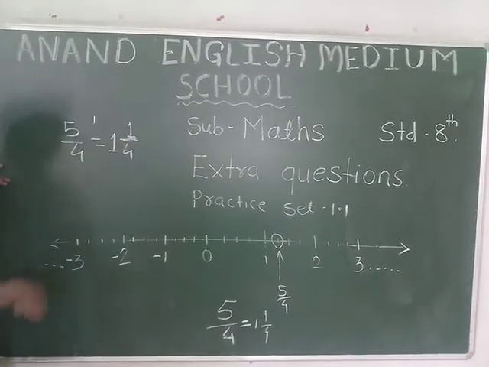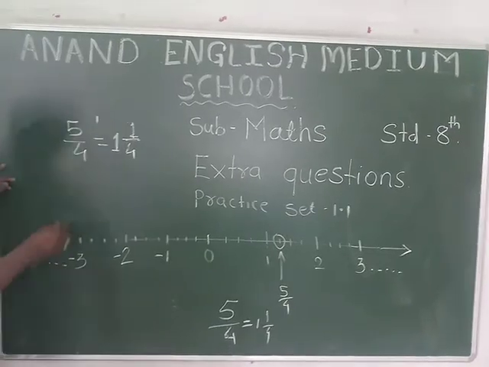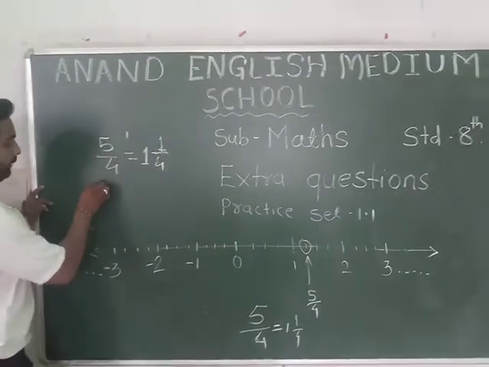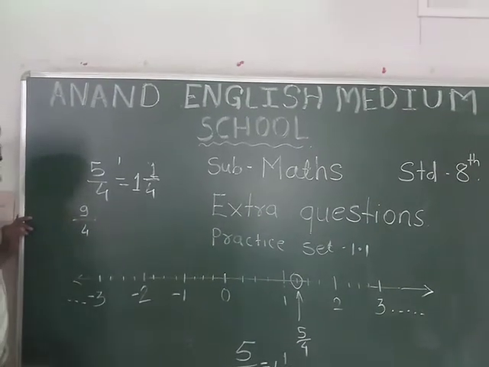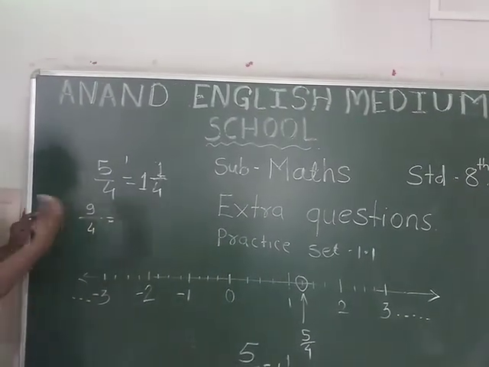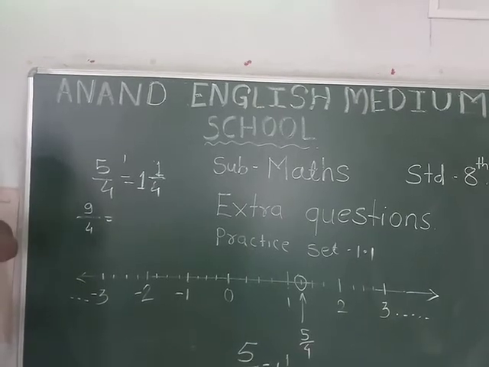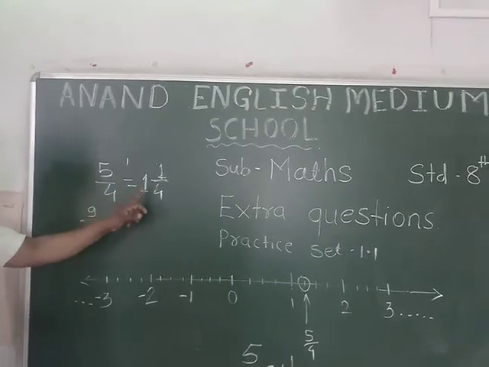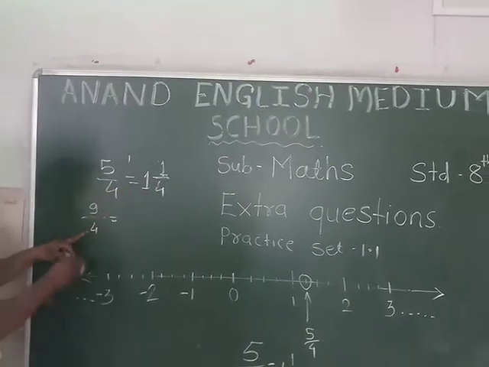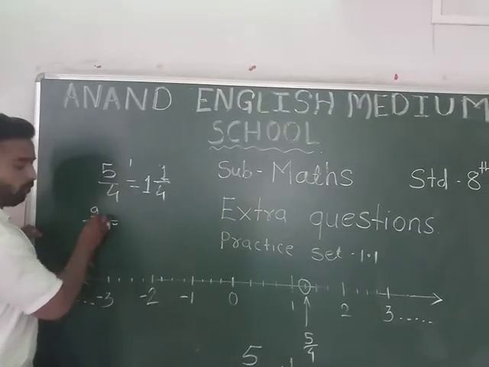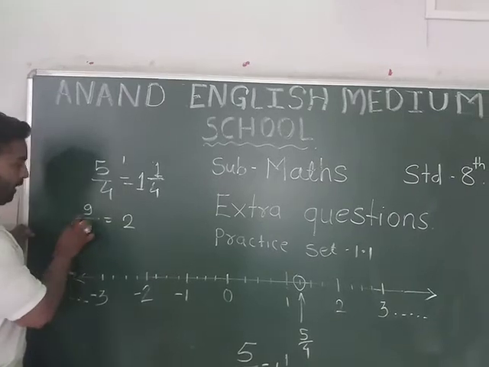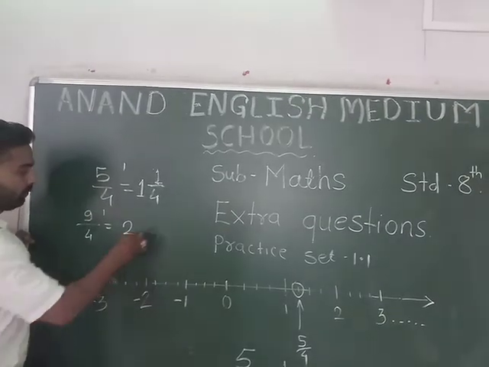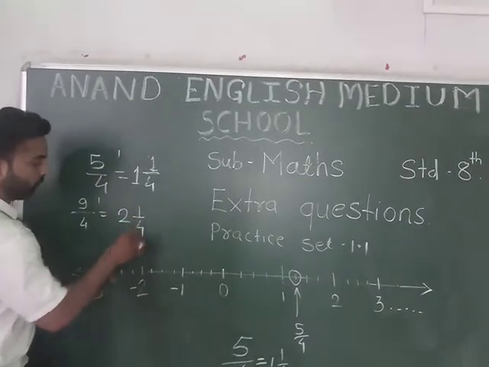Have you understood? Now we can see another example. If I say 9 upon 4, how can we write this in this format? 4 ones are 4, 4 twos are 8. How many remaining? 1 upon 4.